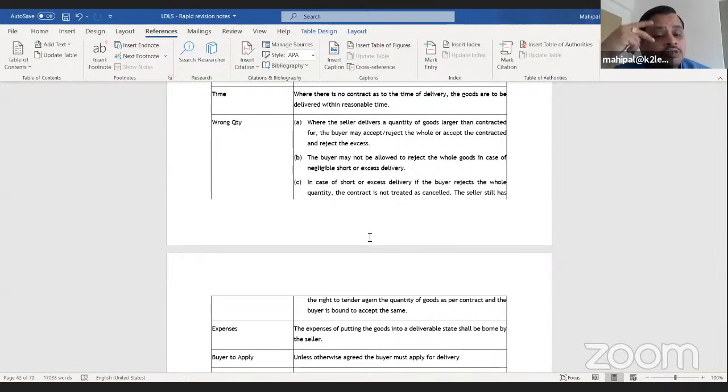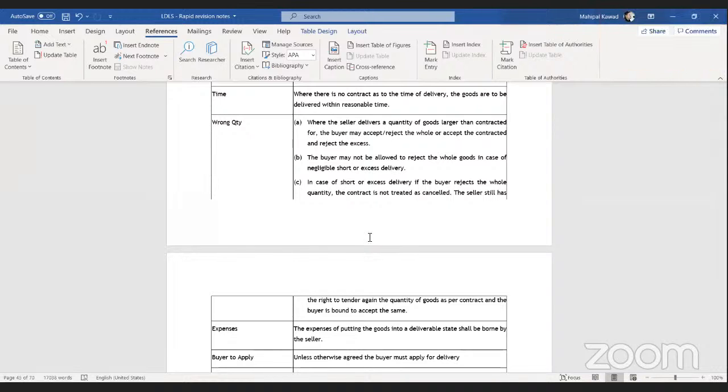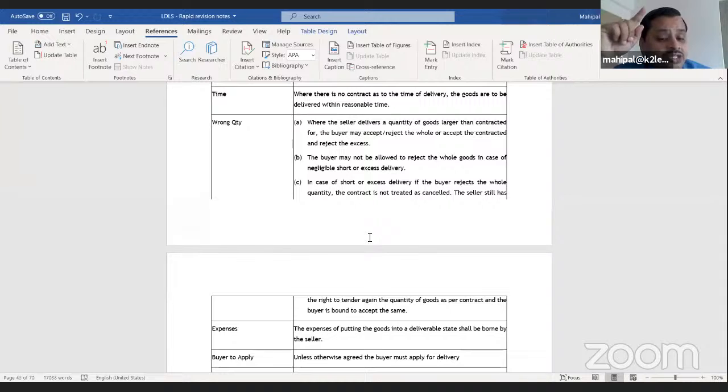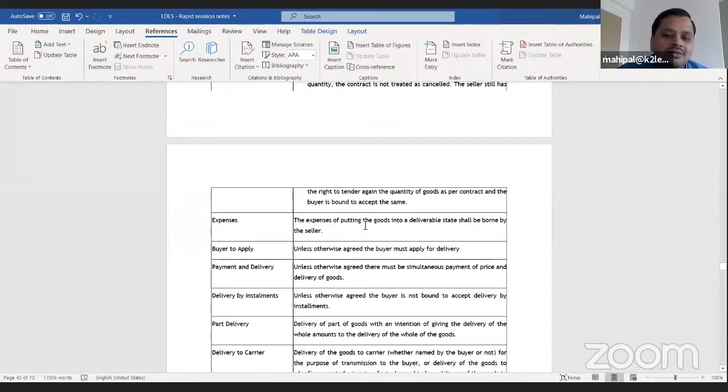In case of short, 2 rights: accept all, reject all. In case of actual delivery, only 1 right: accept all. In case of mixed delivery, again 3 rights: accept all, reject all, or accept the quantity contracted. Where the wrong quantity is of negligible nature, he has only 1 right, that is accept all.